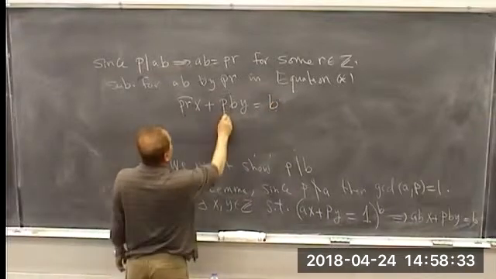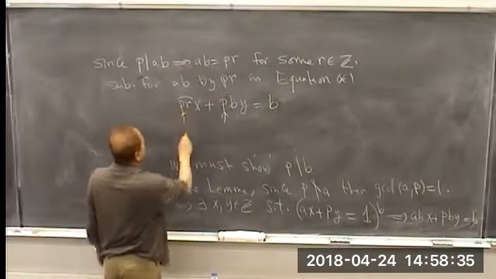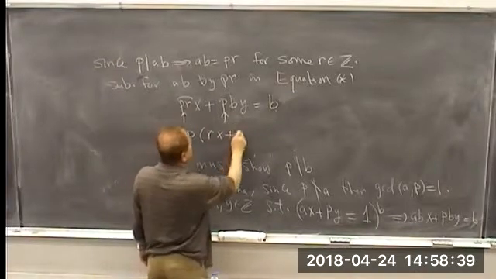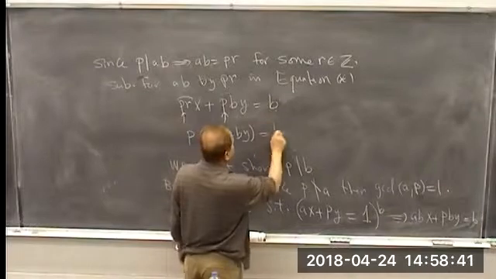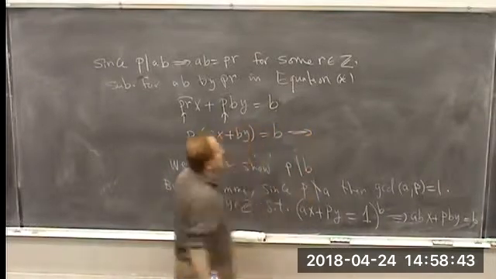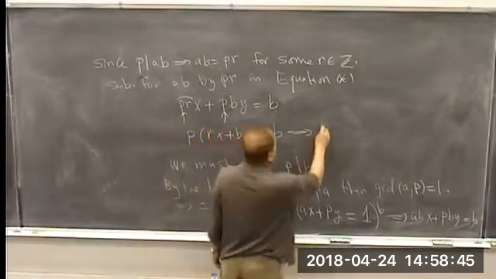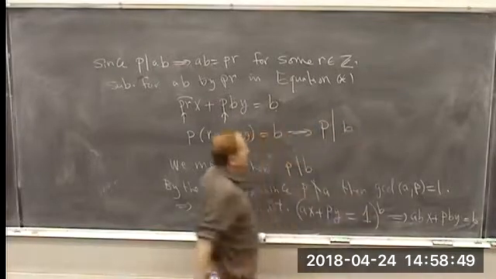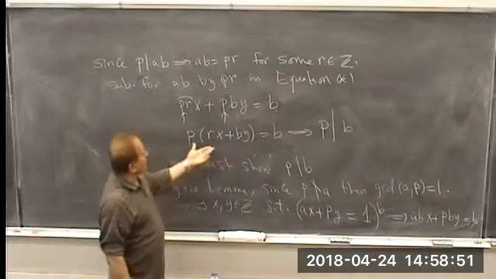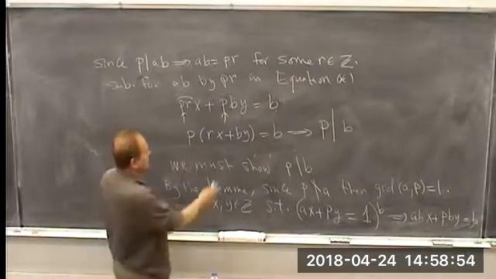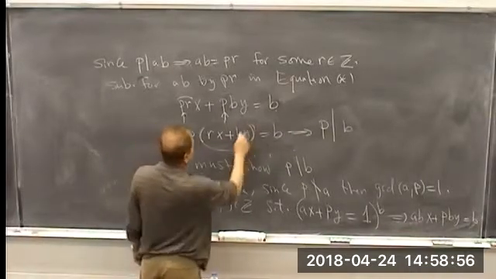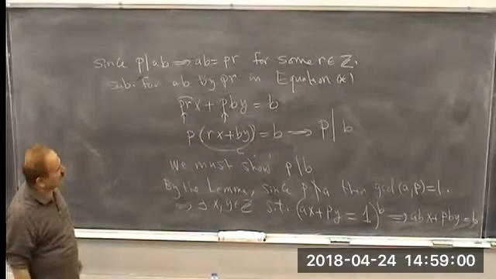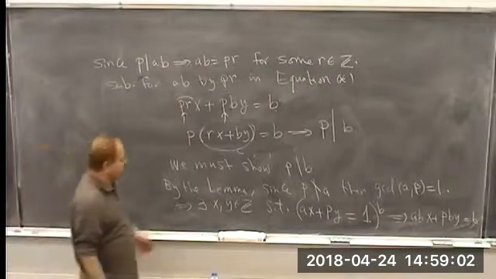And now I have a common factor. The P, I can take it out, and this is P(Rx plus By) equal B. And this is exactly what it means for P to divide B, because B is a multiple of P. So if I call this number C in here, then actually B is PC. All right, and this is it.